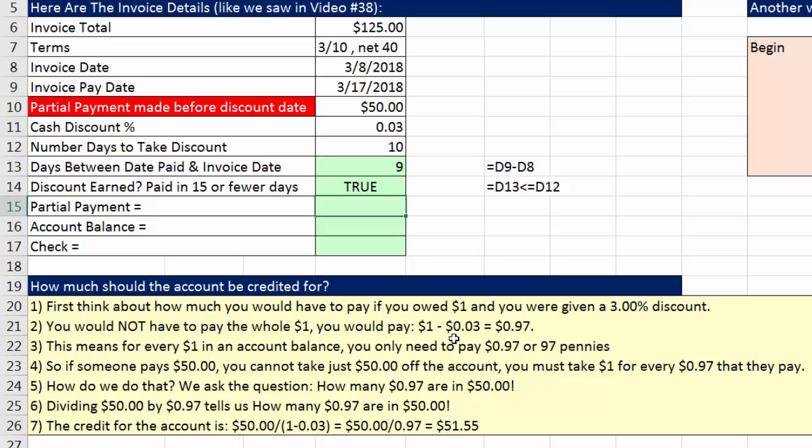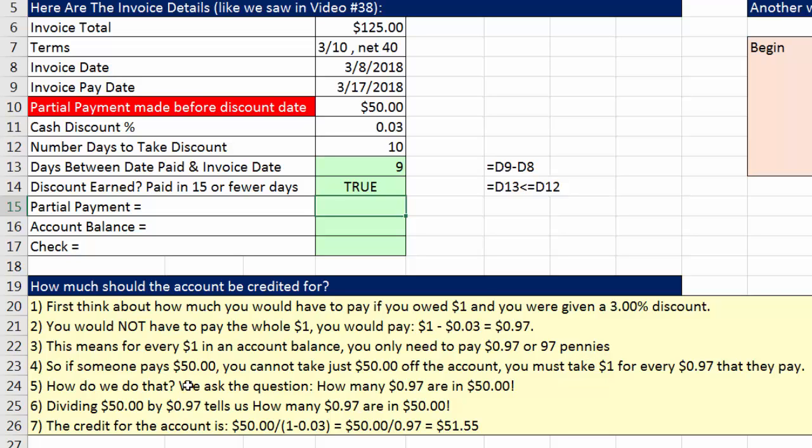You would have to pay 1 minus 3 pennies, so you would only have to pay 97 pennies. So the idea is you owed $1, you paid within the discount period, so you only paid 97 pennies. When you paid 97 pennies, they wiped away your $1 debt. This means for every $1 in the account balance, you only need to pay 97 pennies.